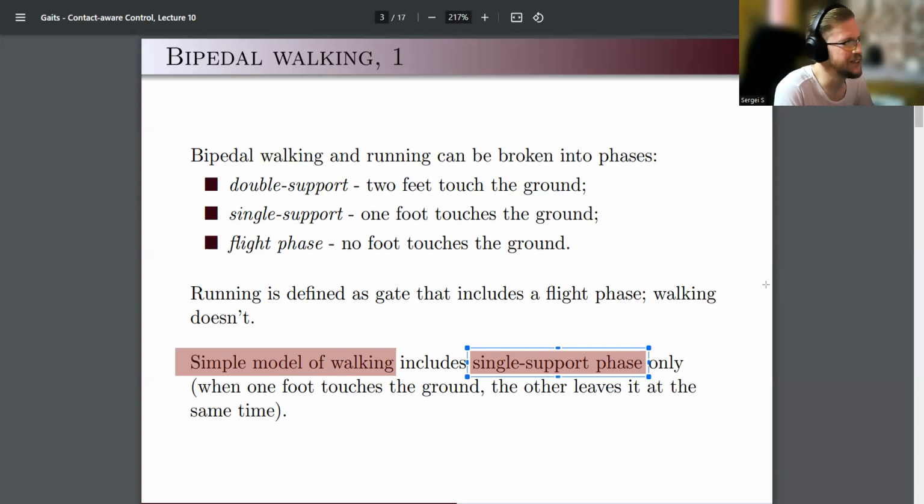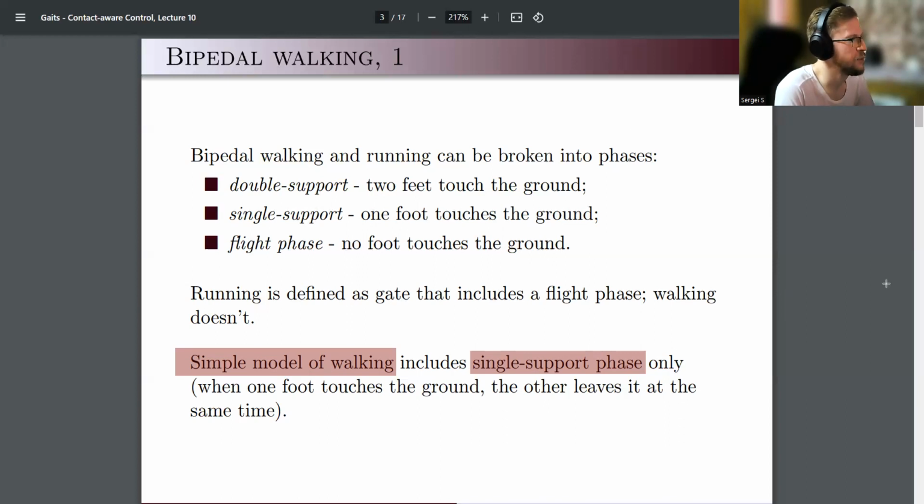Makes sense. But here again, we don't think about heel and toe. So we would consider this simplified model where as soon as one foot lands, another lifts. So at no point are both feet in the air, and at no point are both feet on the ground.